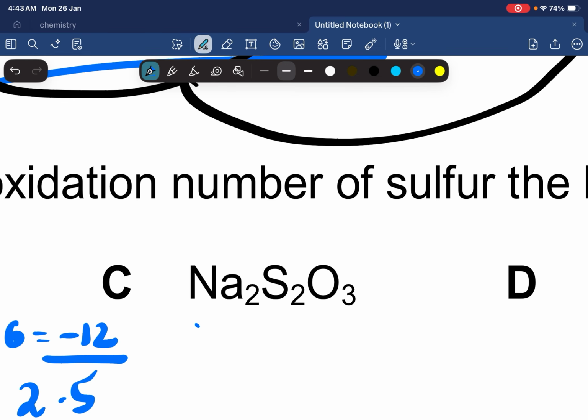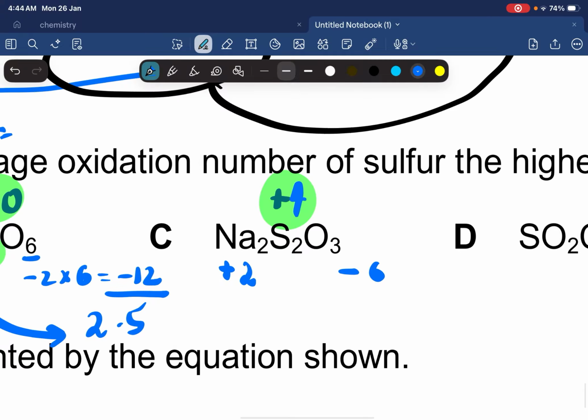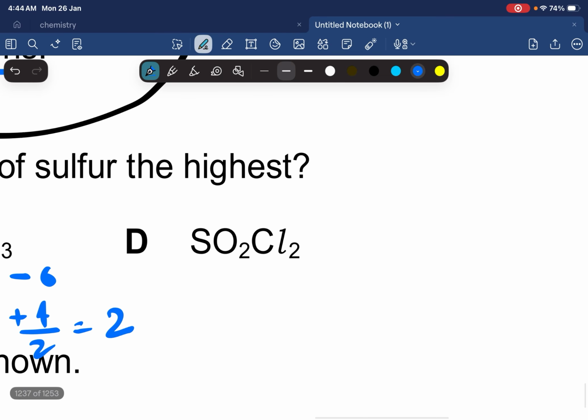Over here, positive 2 for 2 sodiums, negative 6 for 3 oxygens. To balance out a negative 6, you need a positive 6. You already have a positive 2, so now you just need a positive 4, given by 2 sulfurs. So for 1 sulfur, it's a positive 4 divided by 2, which is a 2 average charge.